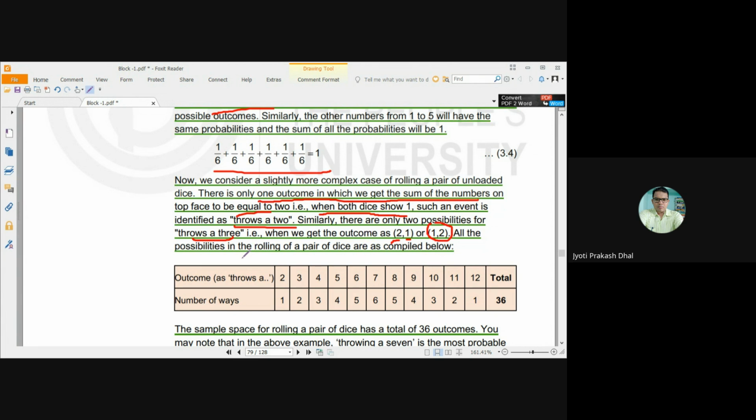All the possibilities in the rolling of a pair of dice are compiled below.